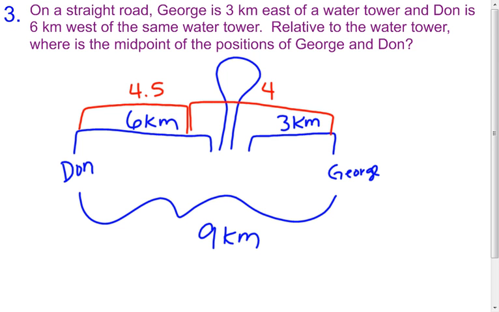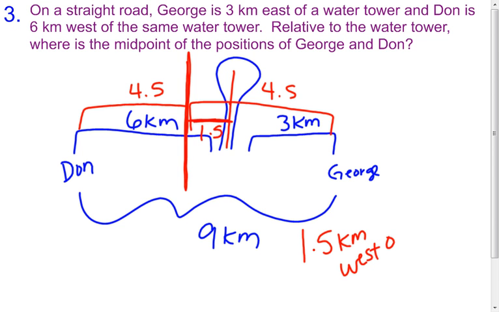And this distance has to be 4.5, which means the center is right there, which makes this distance from here to here 1.5. Not to scale, I'm sorry, it's a little confusing, but the center is 1.5 kilometers west of the water tower.